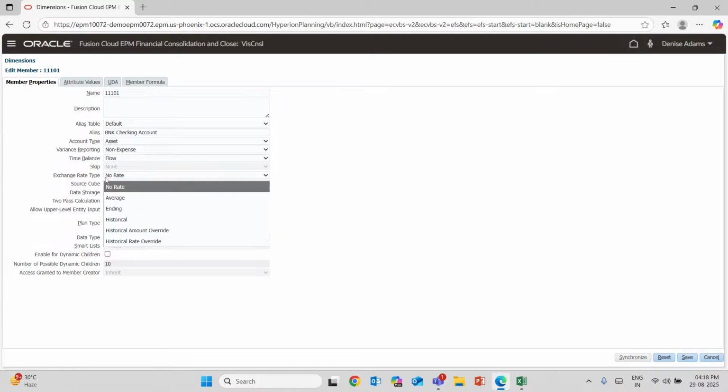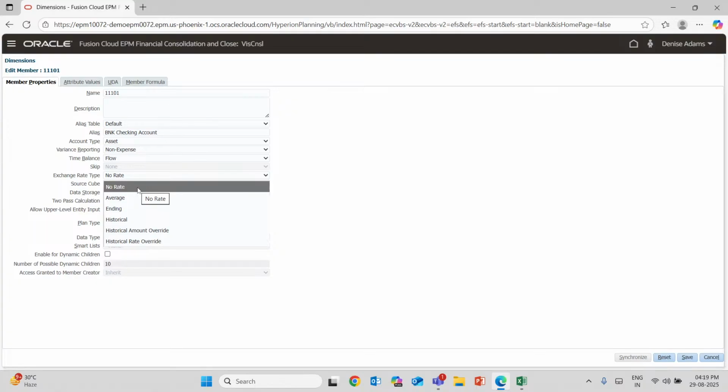As default, like no rate, this no rate is used for exchange rate when we are doing the multi-currency. And when we provide the type of exchange rate, not the amount but the exchange rate type, we can provide the type here, so it will take that exchange rate only.